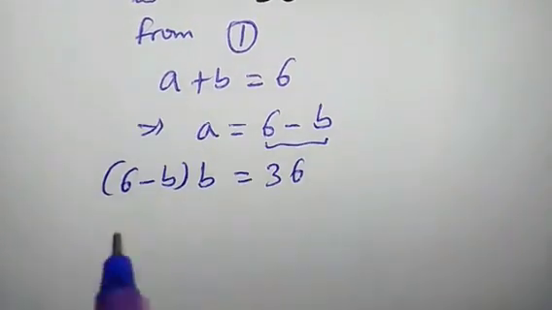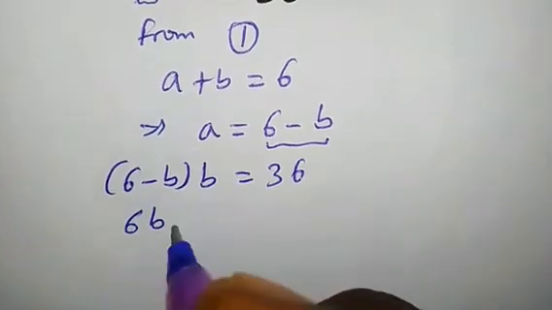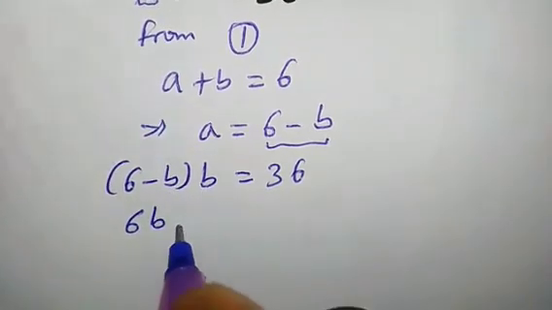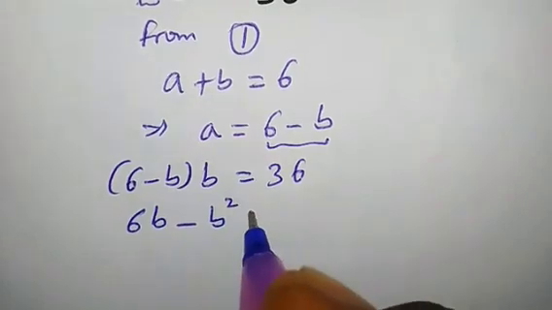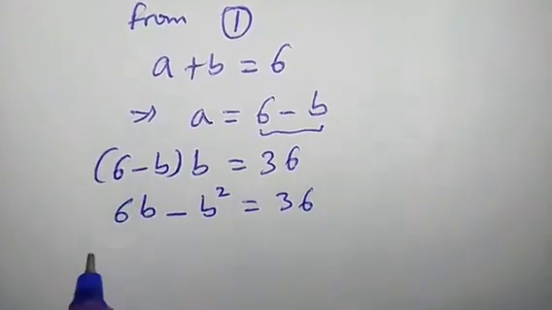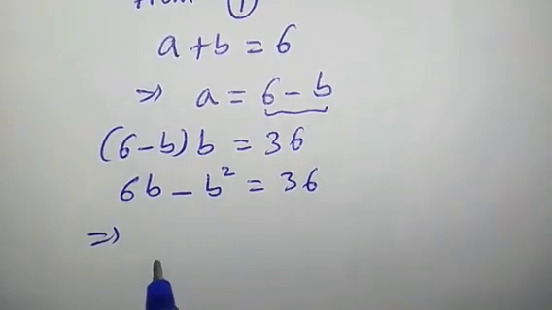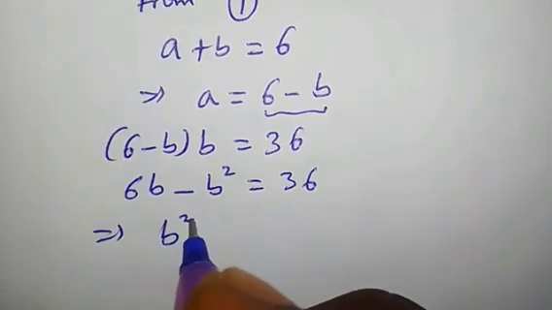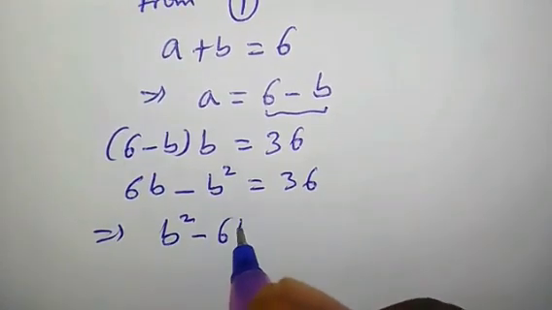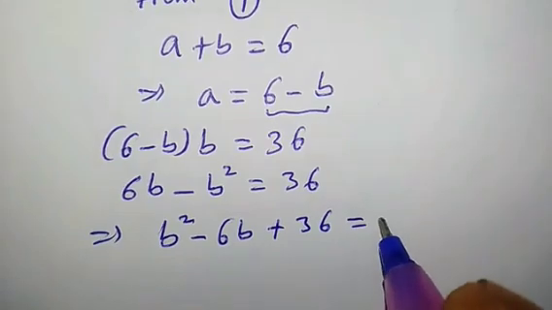Let's continue. 6 times b, that is 6b, minus b times b, that is minus b squared, equal to 36. Now, let us rearrange this equation. Doing that, we're going to have b squared minus 6b plus 36 equal to 0.